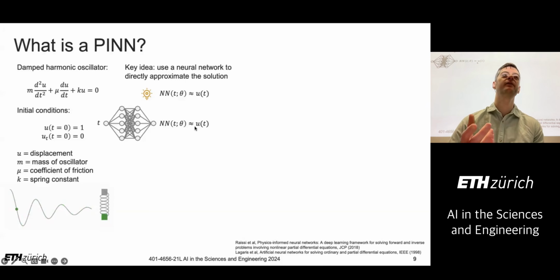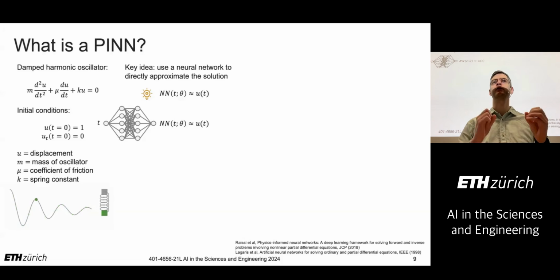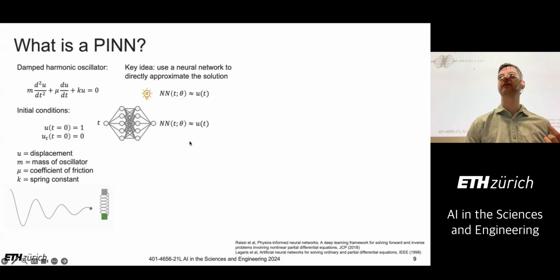That's not the case when we run finite difference modeling. What we get from finite difference modeling is a discretized version of the solution, the value of the solution on the mesh of points that we use. So one key property of PINNs is this idea of them being mesh-free. They're a mesh-free approach. We don't need a mesh to compute the solution.